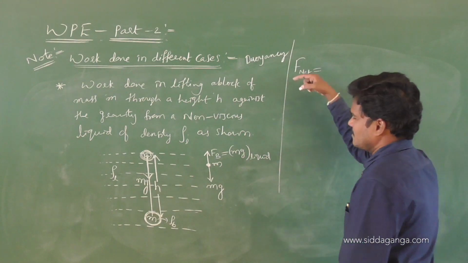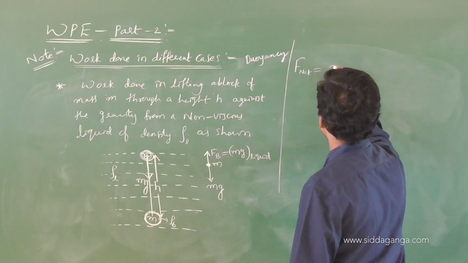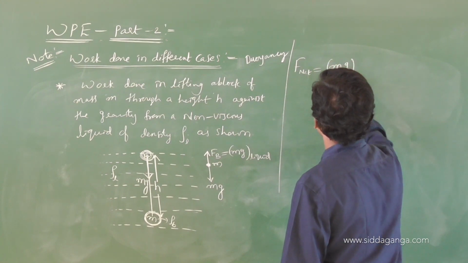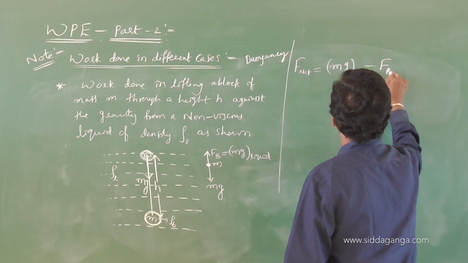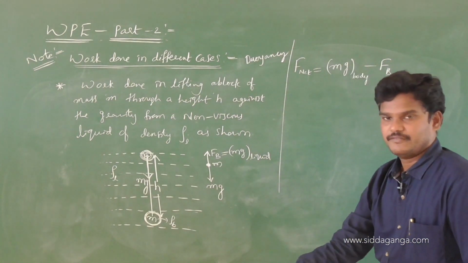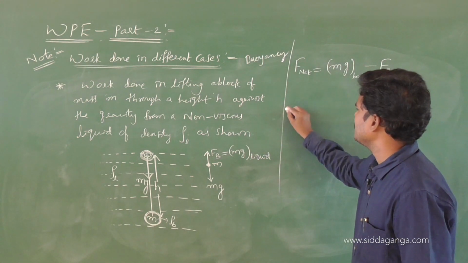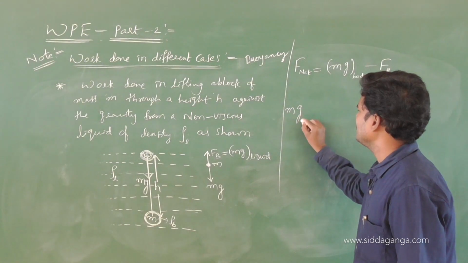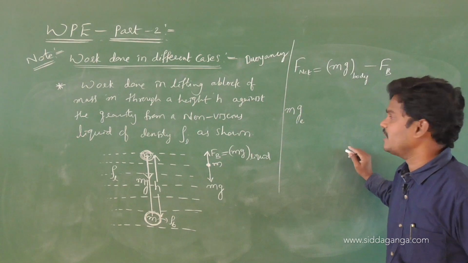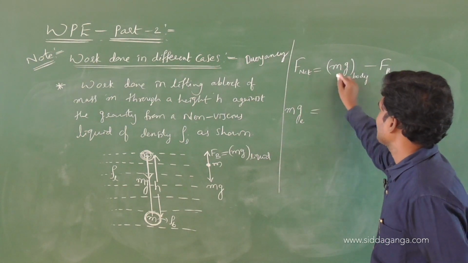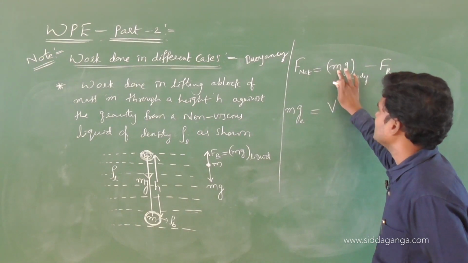Net force: one is downwards, the other is upwards. So weight of the body minus buoyancy. This is the net force: weight of the body minus FB. Let me write this as m g effective.